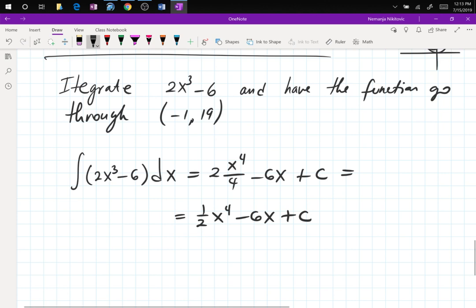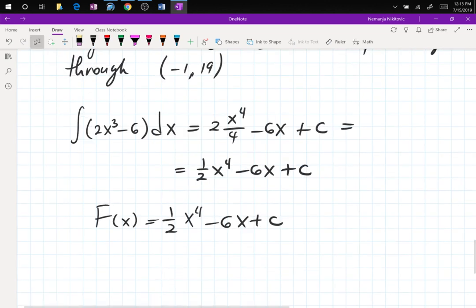So now you can say that capital F of x is equal to 1/2 x to the 4 minus 6x plus c. And you calculate, so F of x, that's the y, so that's 19. And then you have 1/2 times negative 1 to the 4th minus 6 times negative 1.